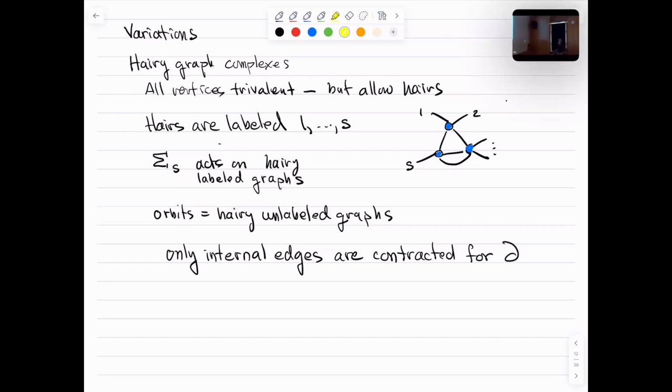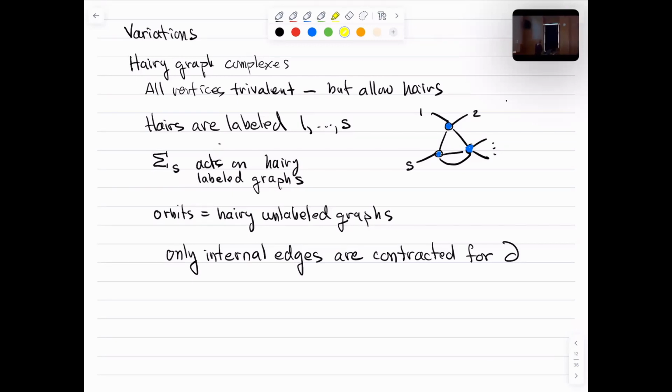There are hairy graph complexes. Here again I've got the same sort of idea. All the vertices have to be trivalent, but we're going to allow hairs. We don't think of the ends of the hairs as vertices; we think of those as basically half edges sticking out of the graph. And you can label the hairs.